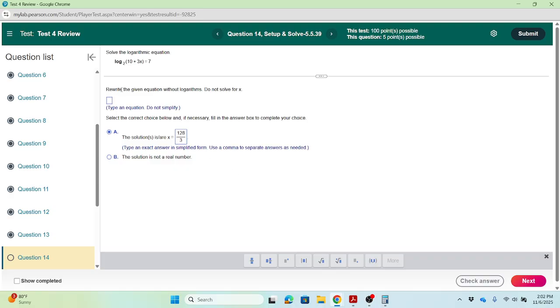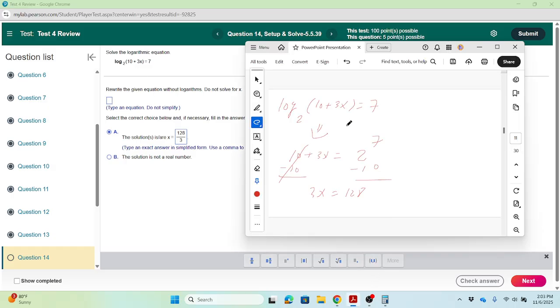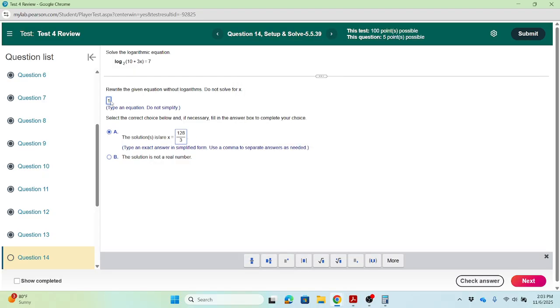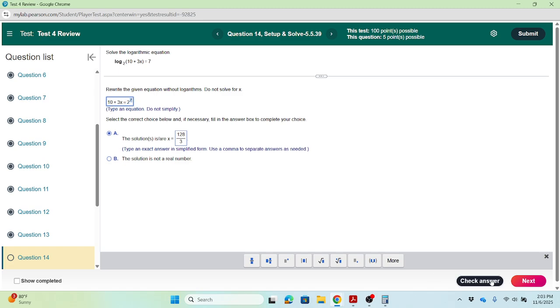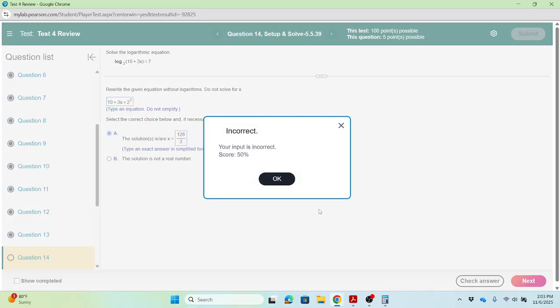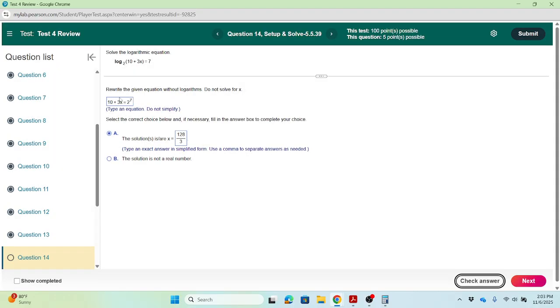Okay. Rewrite the given equation without log. Without log, the equation is supposed to be this one: 10 plus 3x equal 2 to the power 7. Okay, I did something wrong here. Rewrite the given equation without logarithms.